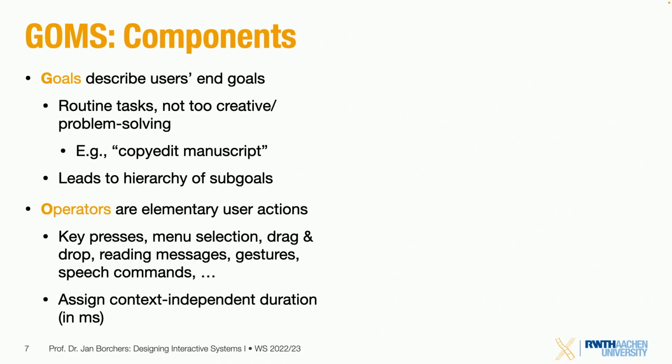If it's a speech controlled system like your home assistant, then it's going to be a voice command. And the trick is, what GOMS does, it breaks down these large tasks ultimately down to all these basic operations. And for these basic operations, we can actually determine how long they will take on average.